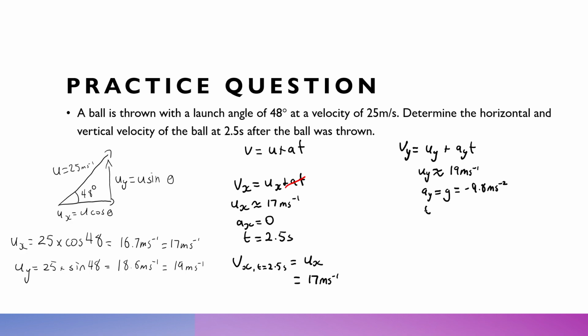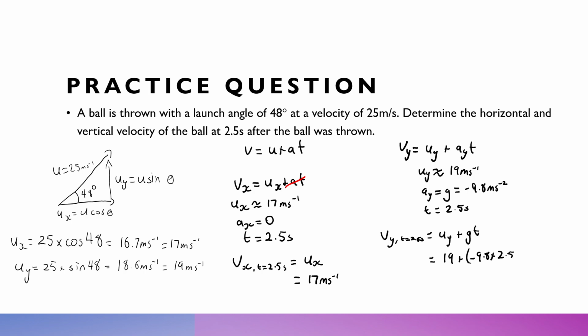And finally, in the question, we've been given that t is equal to 2.5 seconds. So when calculating for vy at t equals 2.5 seconds, this will be uy plus gt, which is 19 meters per second plus negative 9.8 times 2.5 seconds.